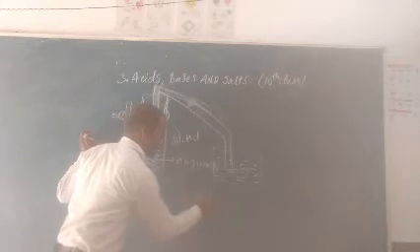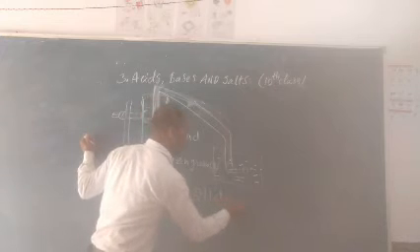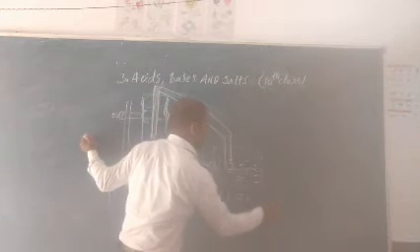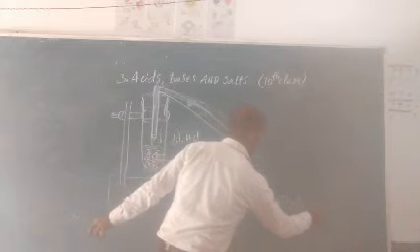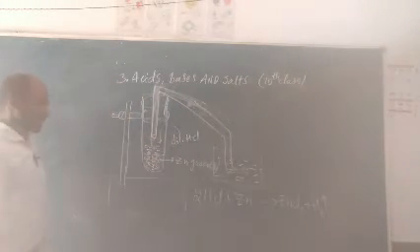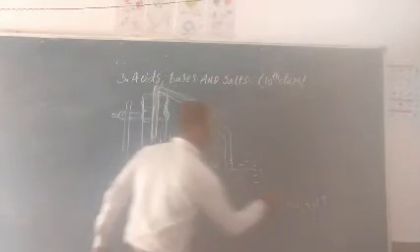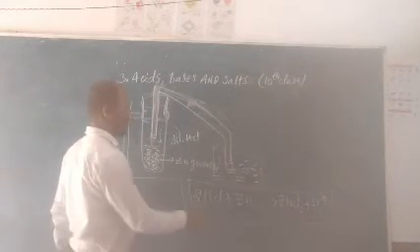Dilute HCl, that is 2HCl, reacts with the zinc granules, Zn, to give ZnCl2 plus H2 gas. H2 gas is evolved from this reaction. Zinc chloride and H2 gas.